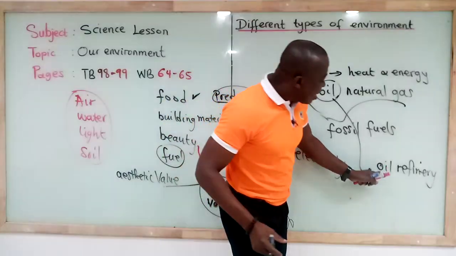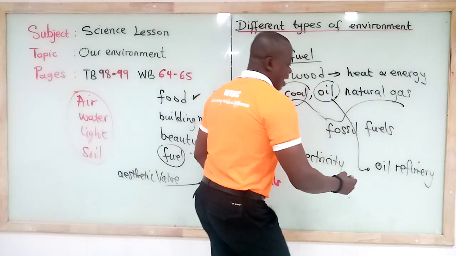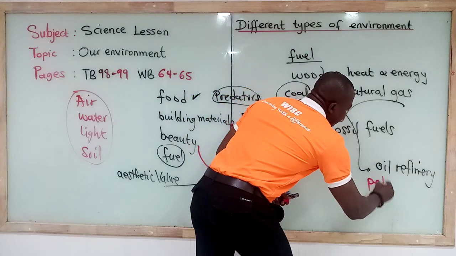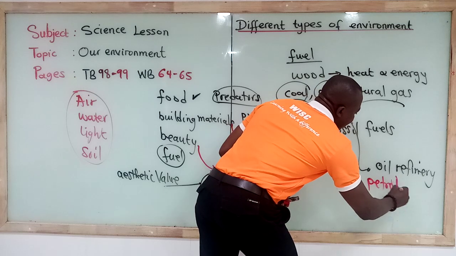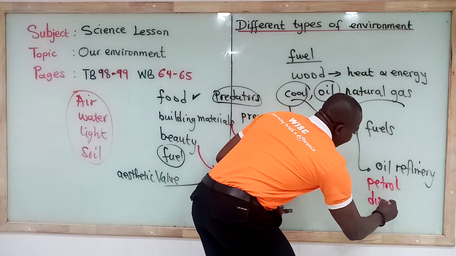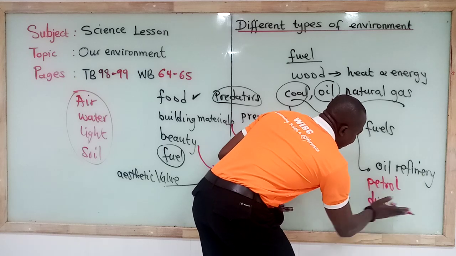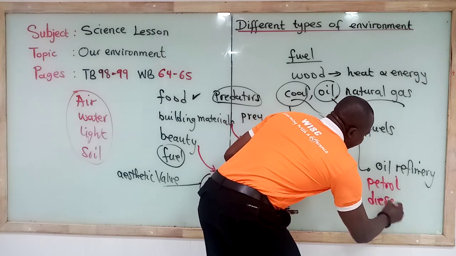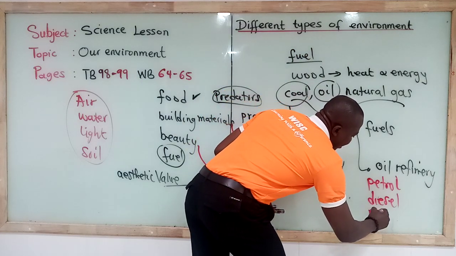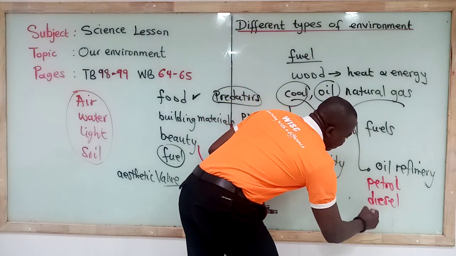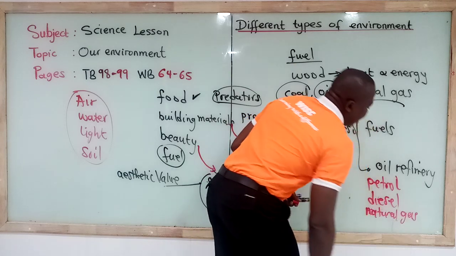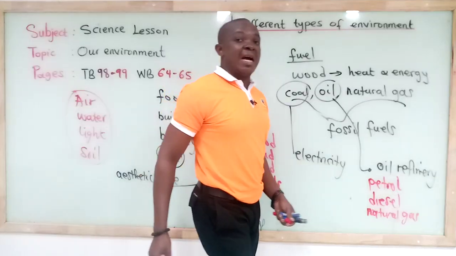After the oil goes through the process, we get what we call petrol, and we also have diesel. Then we also have our natural gas, the gas that we use to cook our food in the house.